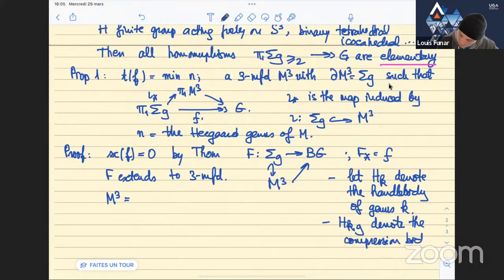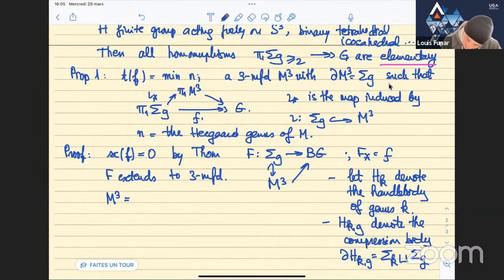The compression body with boundary the union of sigma K and sigma G. What this means is that you add one-handles to sigma G cross [0,1], or vice versa, you look at sigma K times [0,1], and you add two-handles along a simple closed curve embedded into one side.